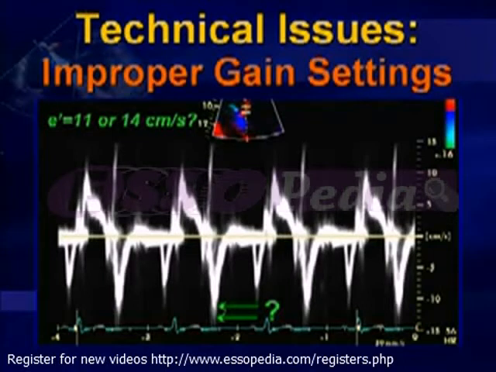Because the wall signal is of much greater amplitude than that signal coming from the blood pool, it is important to be sure to turn down the receiver gains, or you may see blooming in the signal, making it difficult to discern truly where to measure this peak early diastolic mitral annular velocity.